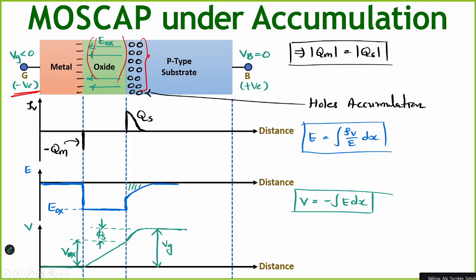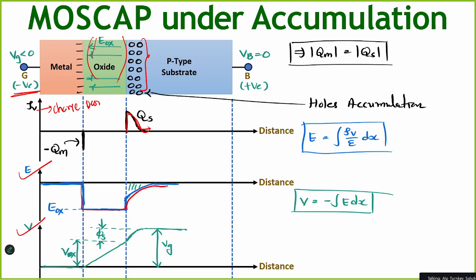This we can call the charge density. This is the electric field, and this is the built-in potential. You get the charge density like this. If you integrate rho by epsilon, that curve will be converted into a square wave.